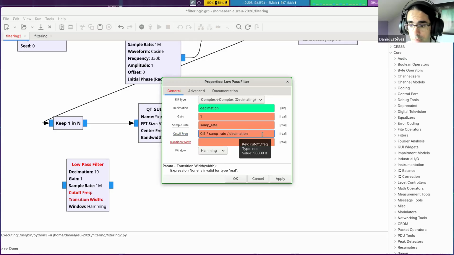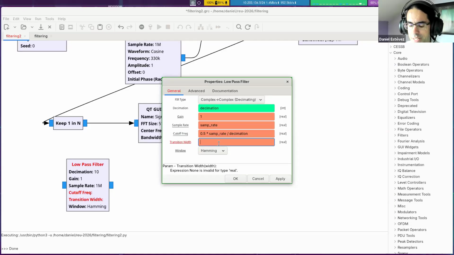And this works in general because if we have any sample rate and we are dividing it by any decimation, the output will go from minus a half of that to plus a half of that. So that's always where we want to place the cutoff frequency for the purposes of applying decimation, unless there is another reason to apply a different cutoff frequency. For example, we might apply a smaller cutoff frequency if there is nothing else of interest for us in the rest of the spectrum. I might show an example about that.